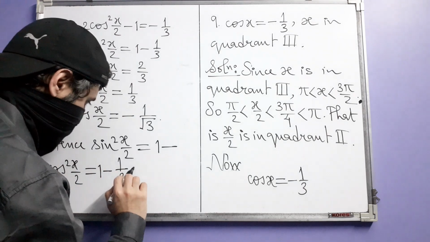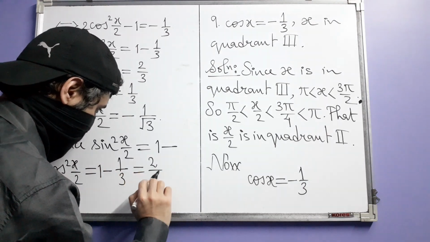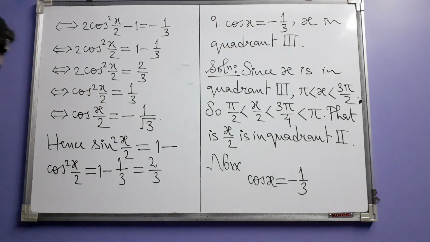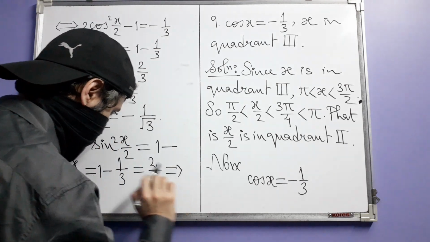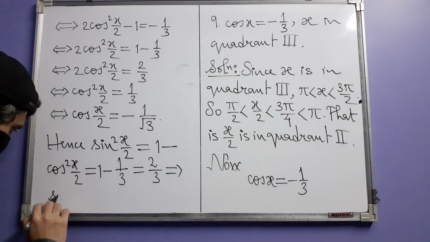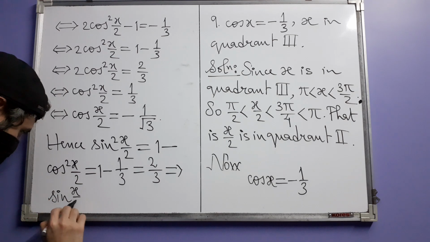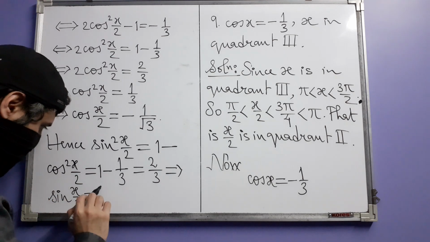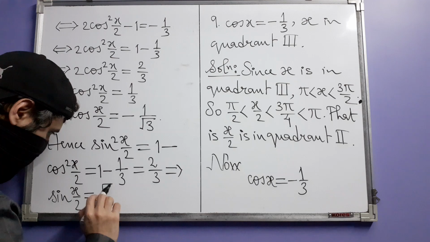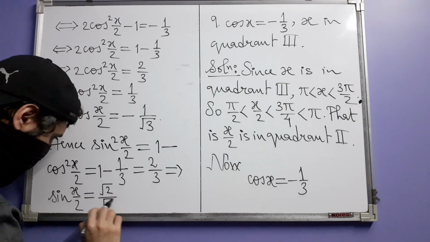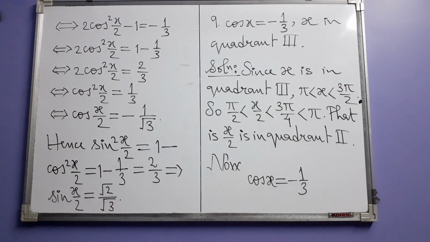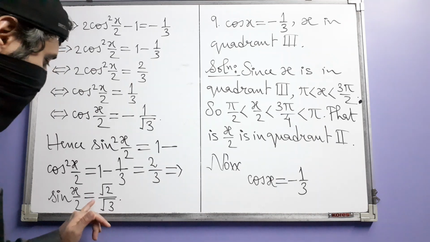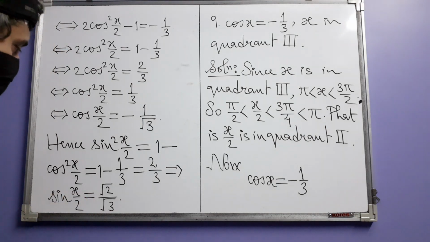So we get this, or 2 divided by 3, and this implies sin x over 2 is square root of 2 divided by square root of 3. Again, sign will be positive, that's why we do not have a minus here.